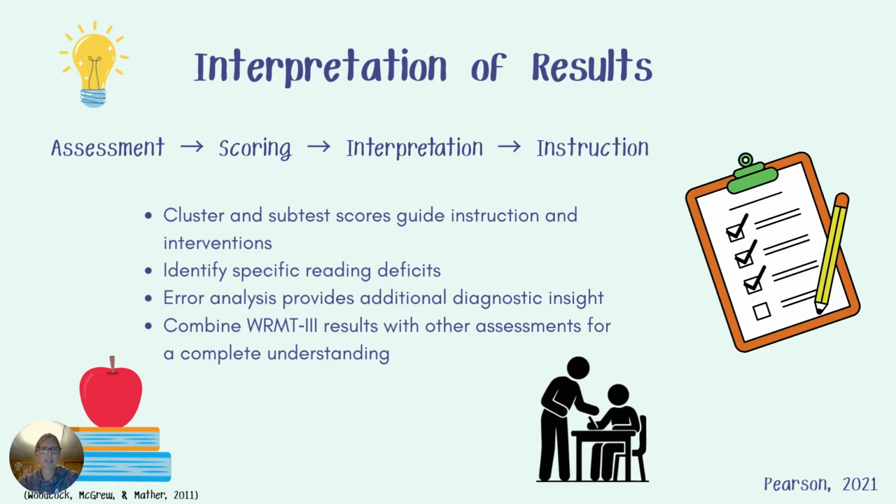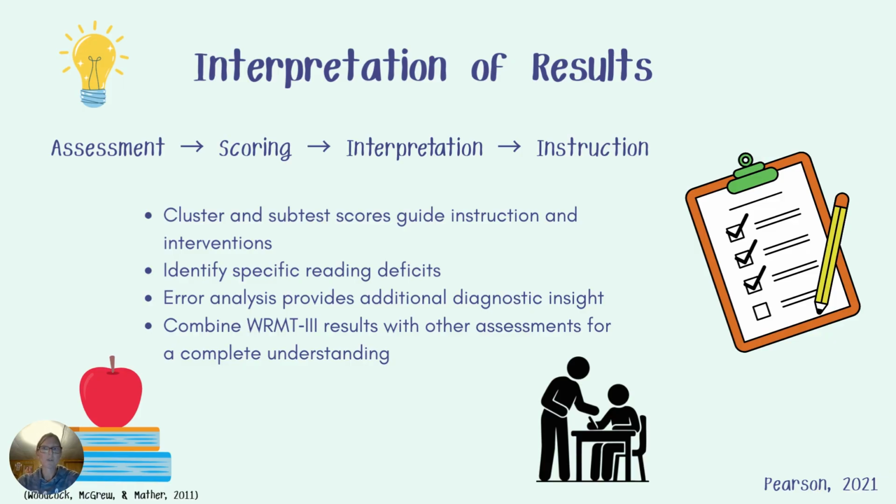The cluster and subtest scores identify specific reading deficits, and analyzing these errors provides additional diagnostic insight. They give us more of what the student's strengths and weaknesses are. Results should also be considered alongside other assessments for a complete understanding of the student's reading ability.